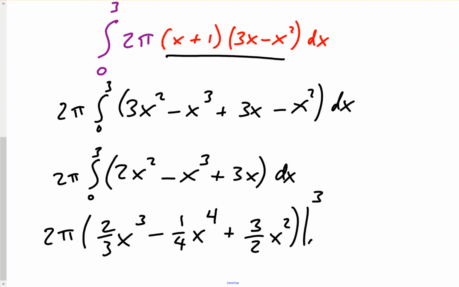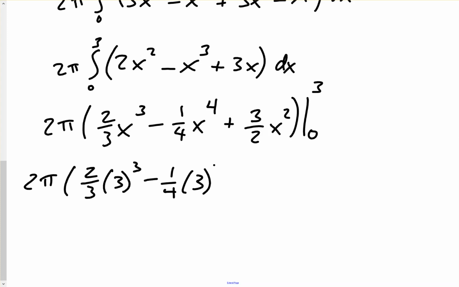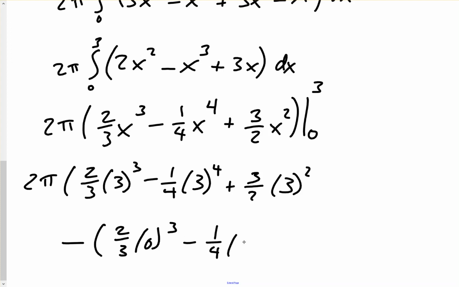And we're going to evaluate over 3 and 0. Okay, so let's plug in. So we have 2 pi, 2/3 of 3 cubed minus 1/4 of 3 to the 4th plus 3/2 of 3 squared, minus, and now we plug in the 0, 2/3 of 0 cubed minus 1/4 of 0 to the 4th plus 3/2 of 0 squared.